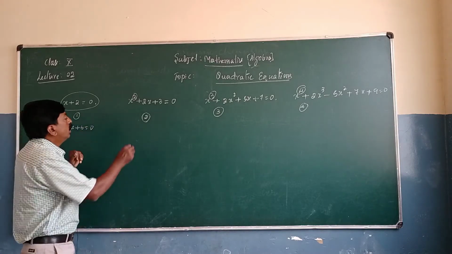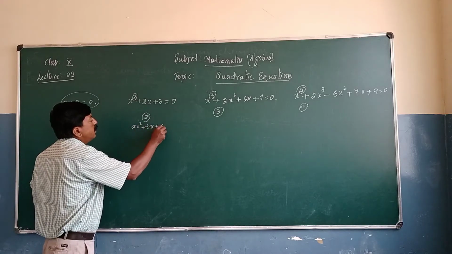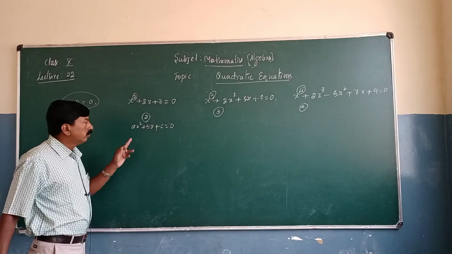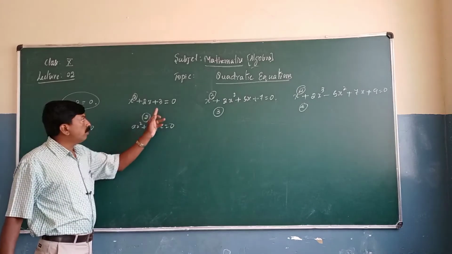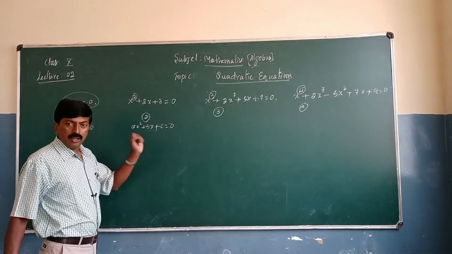Now here, ax square plus bx plus c is equal to 0 is also a form of this type of equation. Highest degree 2. a, b, c are real numbers.